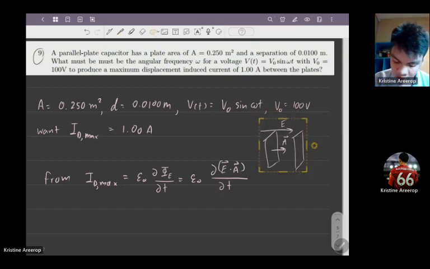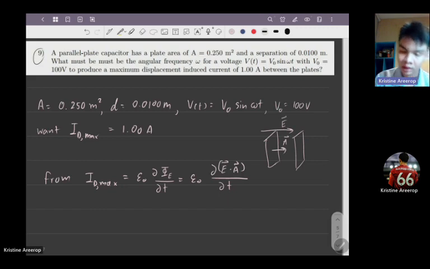Then theta between the directions of E and A is 0. For the dot product with theta equal 0 degrees, or 0 radians, cos theta equals 1.